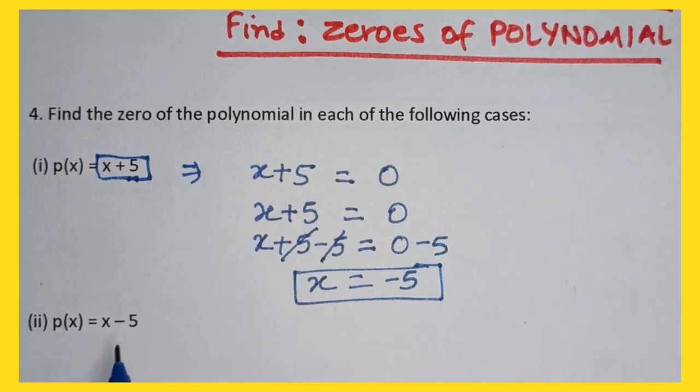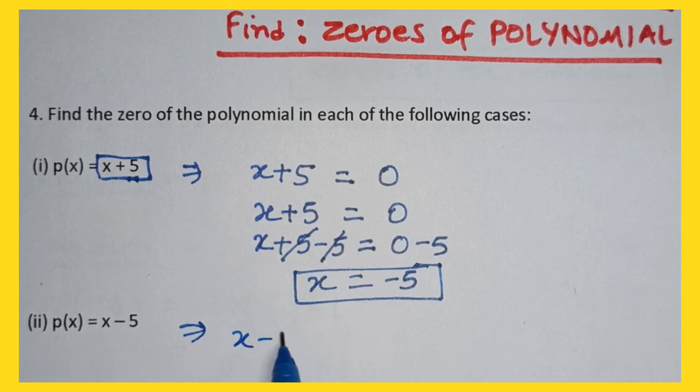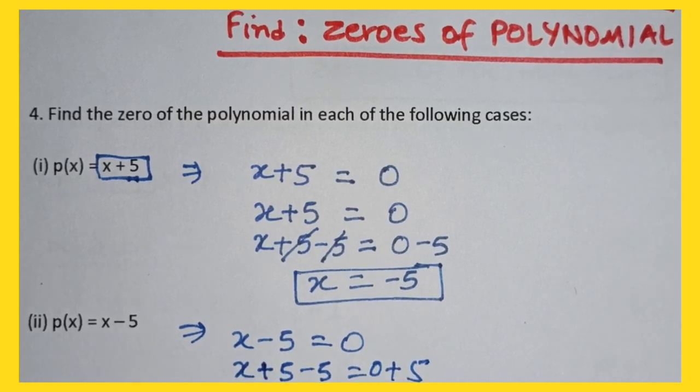Now in the second equation, p(x) is equal to x minus 5. Here also you have to do the same thing. Just equate this polynomial with 0. Now on both sides you have to add 5. When you add, this becomes 0 plus 5.